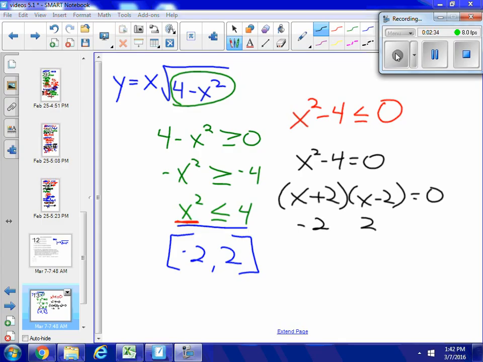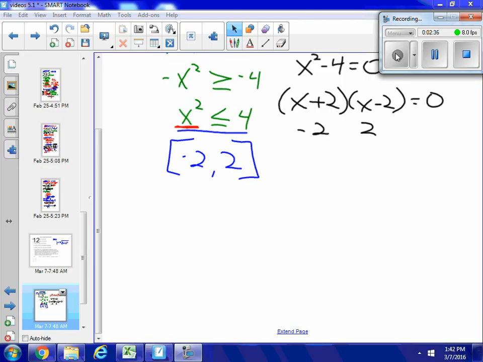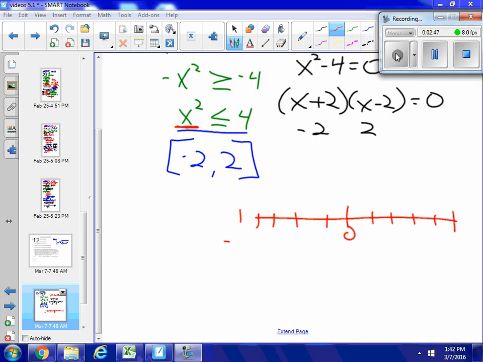And so I'm going to draw a number line. Here's 0, 1, 2, 3, 4, 5, negative 1, 2, 3, 4, 5. Let's call that negative 5 and that positive 5. And I know that I'm going to have a 0 right here at negative 2 and right here at positive 2.